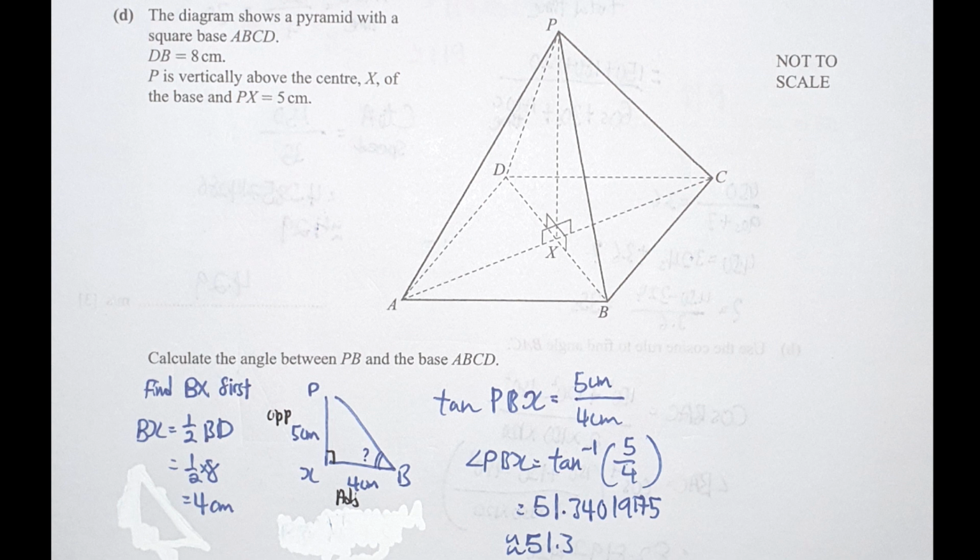So we have PX as the opposite and XB as the adjacent. So tangent PBX equals opposite over adjacent. Angle PBX equals tangent inverse 5 over 4. After correcting your answer to 3 significant figures, it should be 51.3.